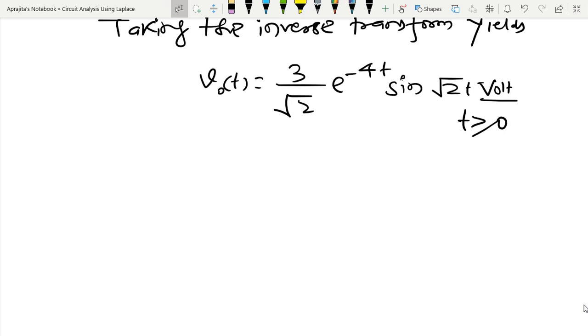Signal processing means some signal is passed through some particular block or particular object, because it indicates how a signal is processed as it passes through the network. So suppose I have a network or some system, and whenever a signal passes, using the transfer function we are able to see the effect of that particular block or network on the input signal.